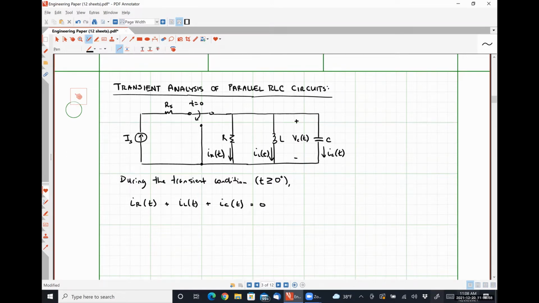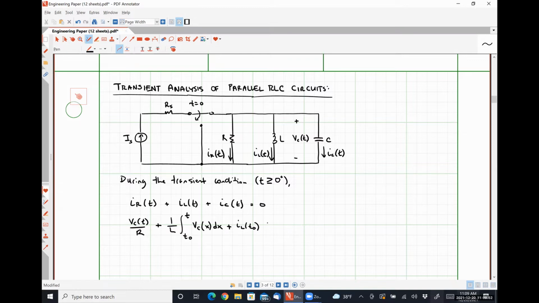So IR will be VC over R. So we'll have VC of t divided by R. For our inductor, that's going to look like 1 over L times the integral from t naught, which is some point in time where we know what the inductor current is, to t of VC of x dx plus IL at t naught.